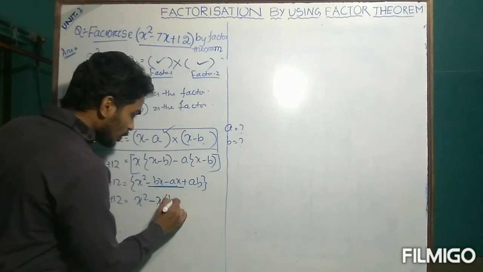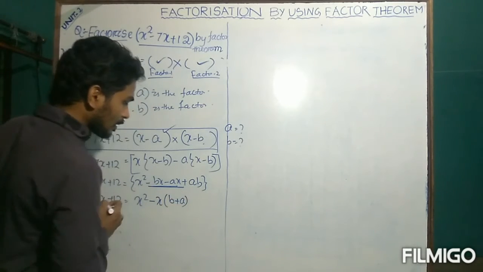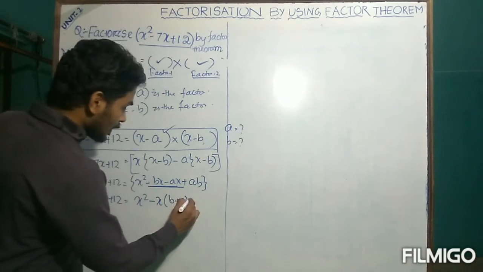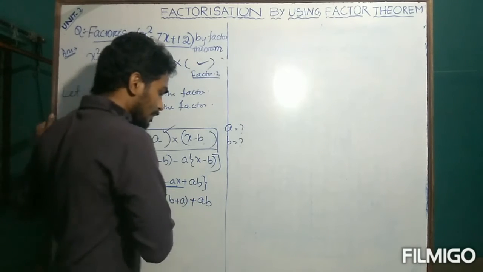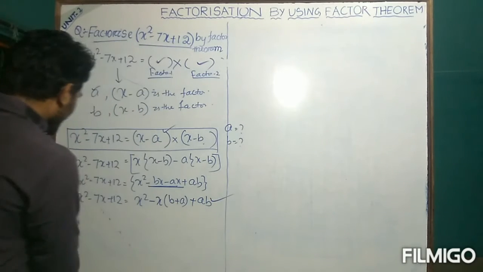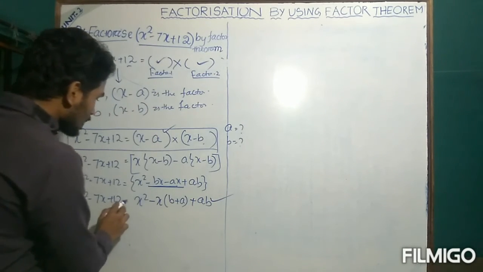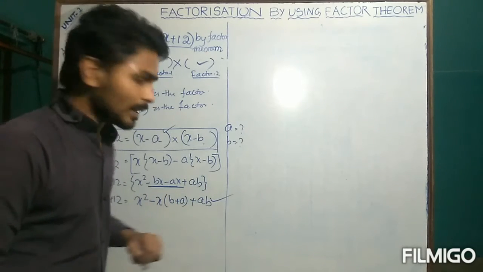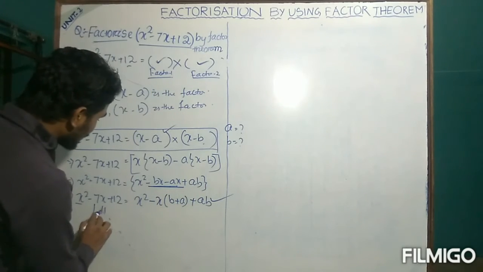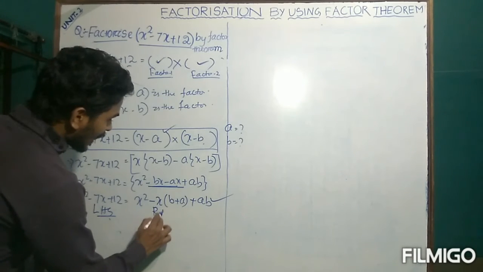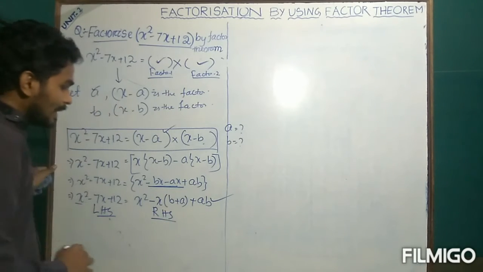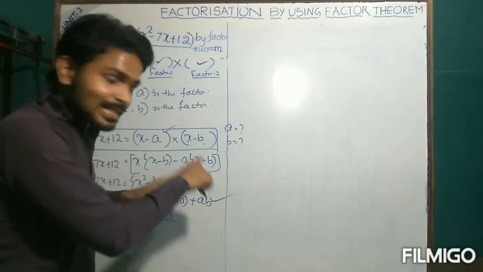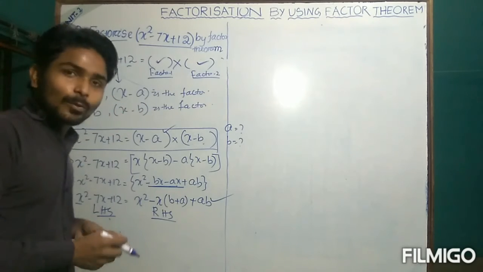It will be b plus a, plus ab. Hence, we get x square minus 7x plus 12 is equal to x square minus x into b plus a, plus ab. This is the LHS and this is the RHS, and both will be equal.